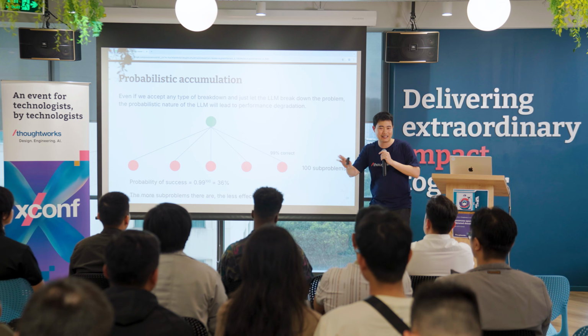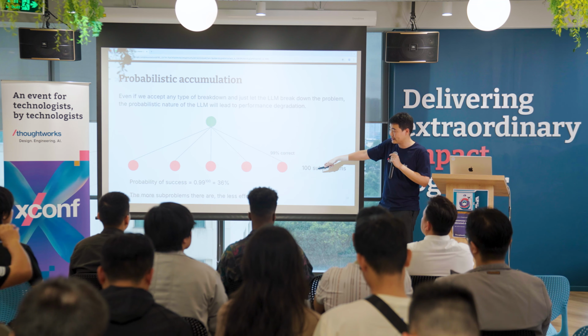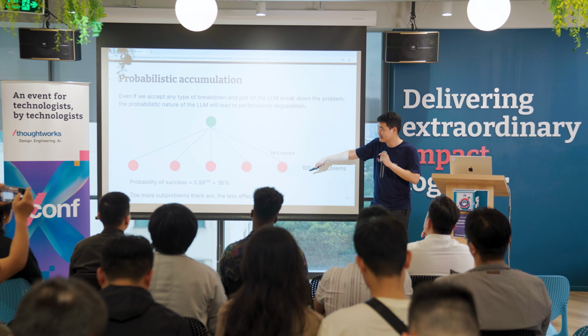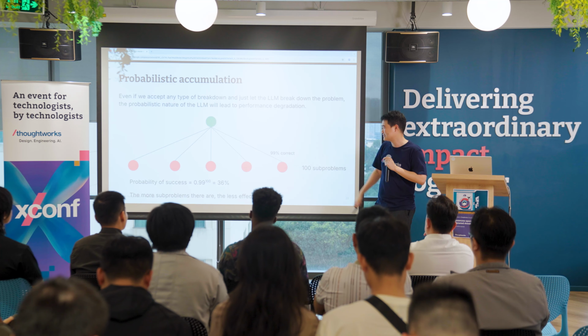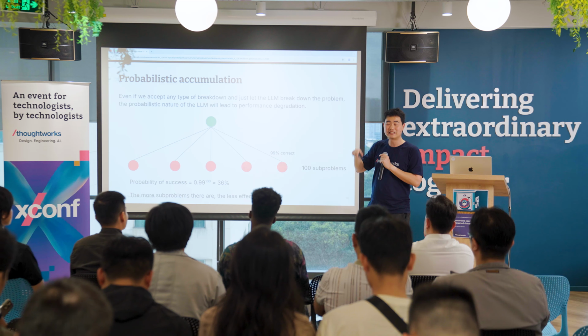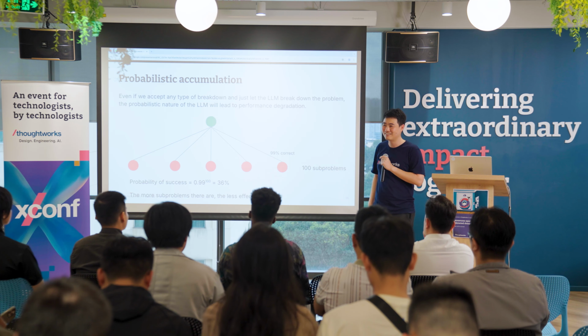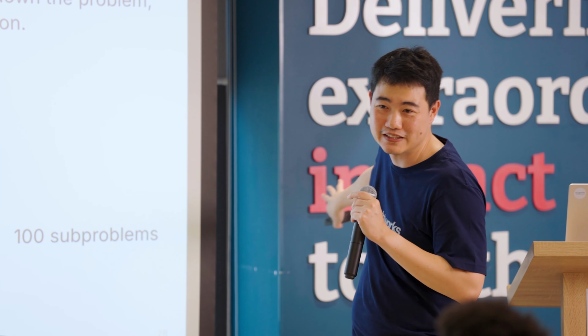If you accumulate this enough, the probability of success is reduced: 99% for each step becomes 36% overall. This is the reason we still need human checkpoints, to not accumulate too many non-deterministic steps.